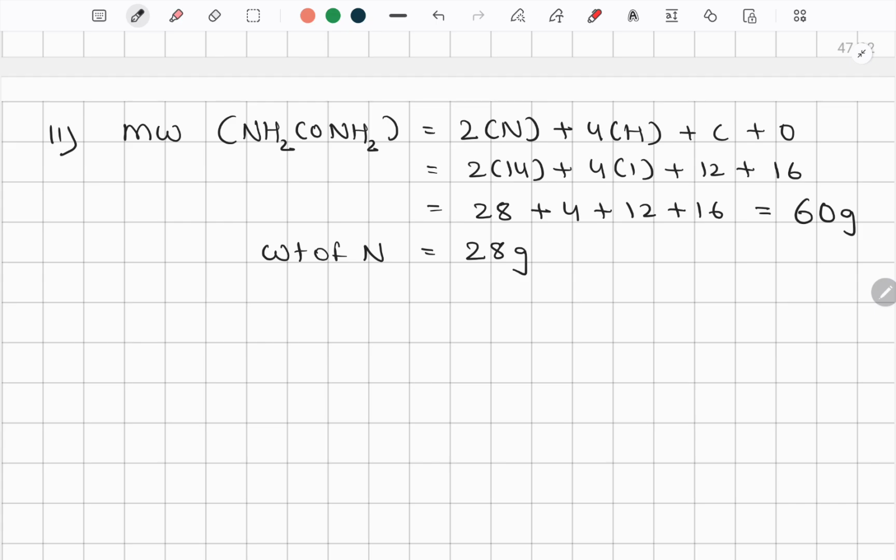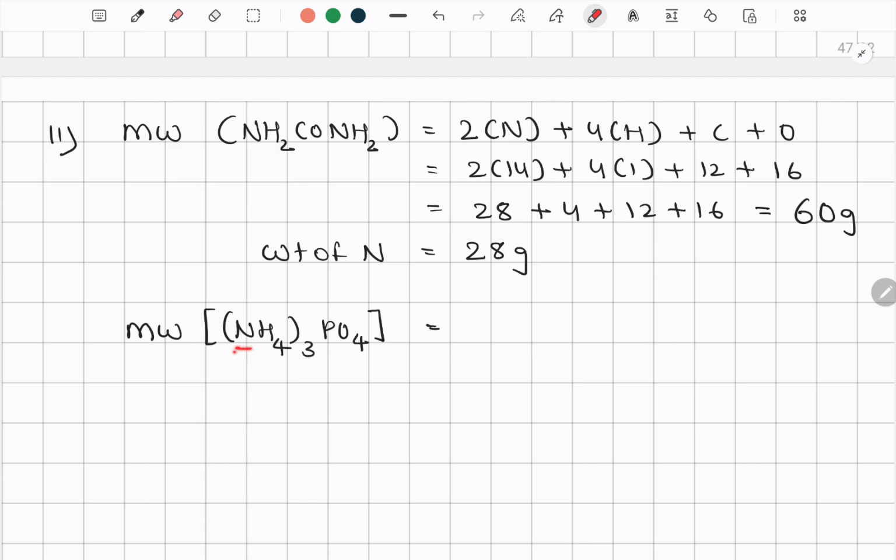Now let's go to the next part, which is ammonium phosphate. When I calculate the molecular weight of ammonium phosphate, which is nothing but (NH4)3PO4, first of all, how many nitrogens are present? Sir, 3 nitrogens, because this whole bracket is multiplied by 3.